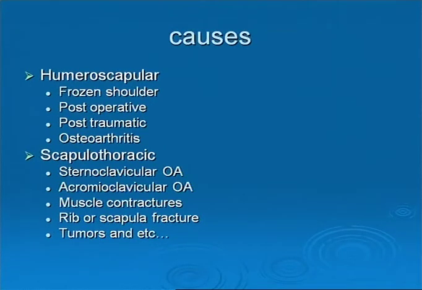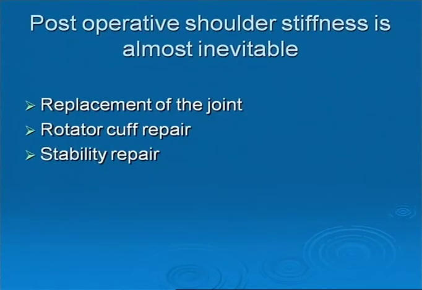There are also problems in the scapulothoracic region, which might include sternoclavicular or acromioclavicular joint osteoarthritis, muscle contractures, fractures of the rib and scapula, some tumors, and so on.